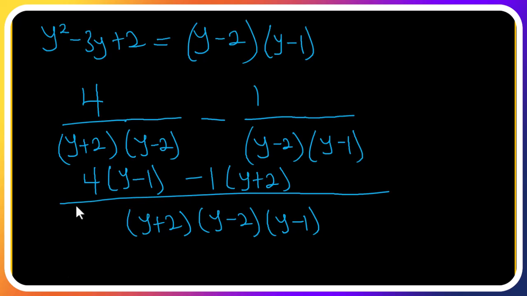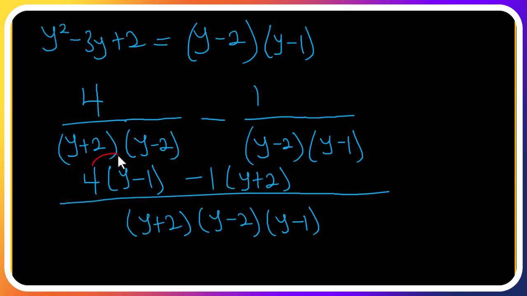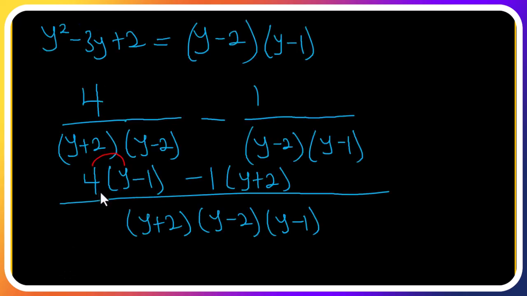In its simplest form, 4 by y gives us 4y. 4 by minus 1 gives us minus 4.